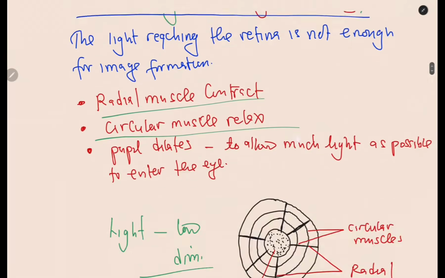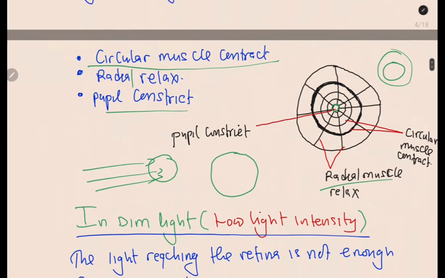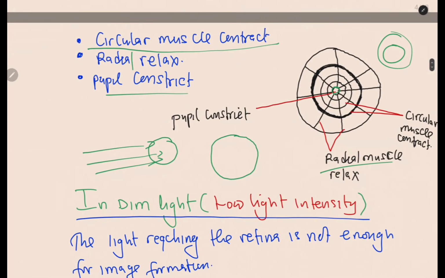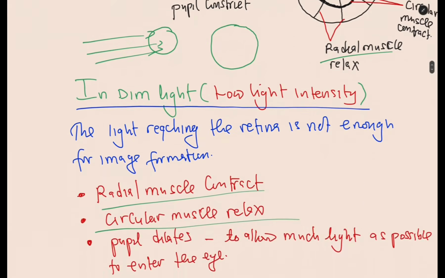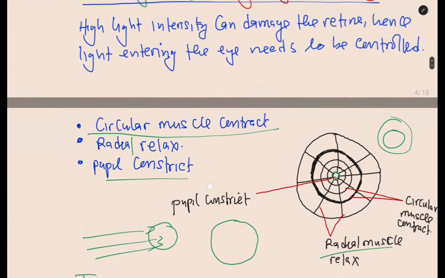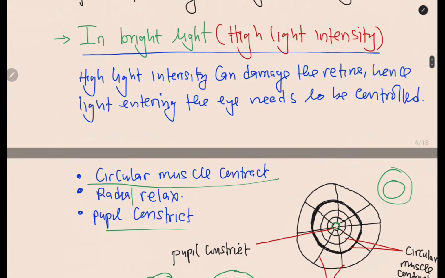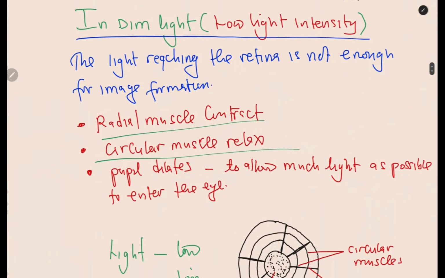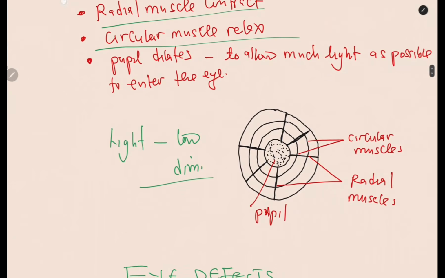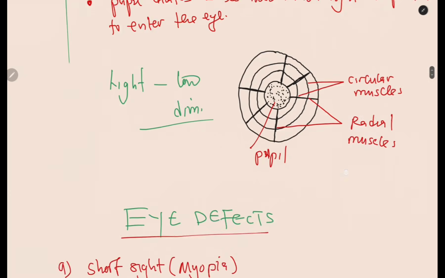So you explain it in terms of the behavior of the muscles, that is the radial and the circular muscle, and also how the pupil responds, or how it results in the size of the pupil. When you are moving from high light intensity, this is what you explain. When you are moving into low light intensity, this is what you explain. So this part I thought of just bringing in, in case you find it at some point.